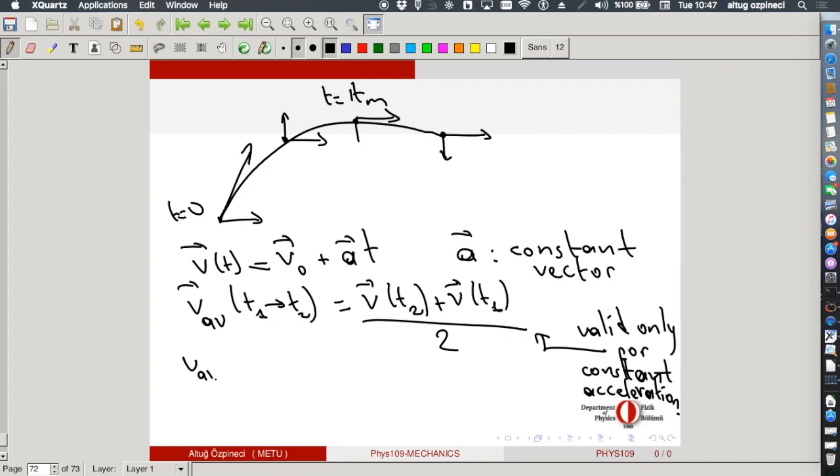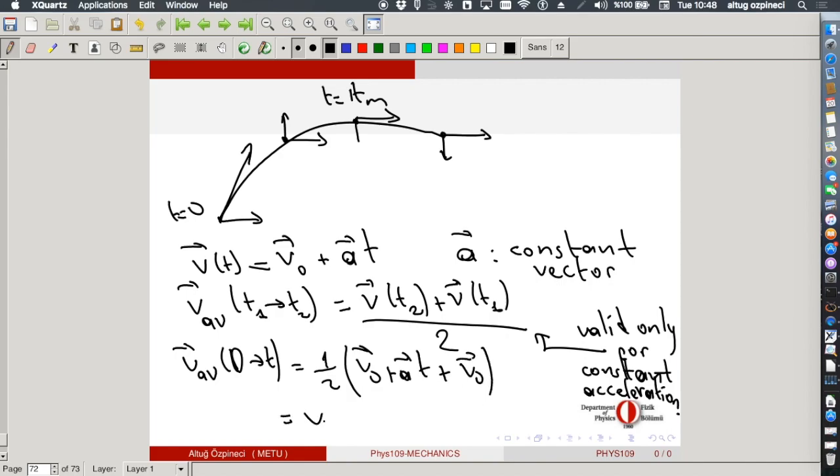So we can calculate the average velocity from t equal to 0 up to some final time t, and this would be 1 over 2 times, at the final time, v0 plus a of t, and at the initial time, v0.